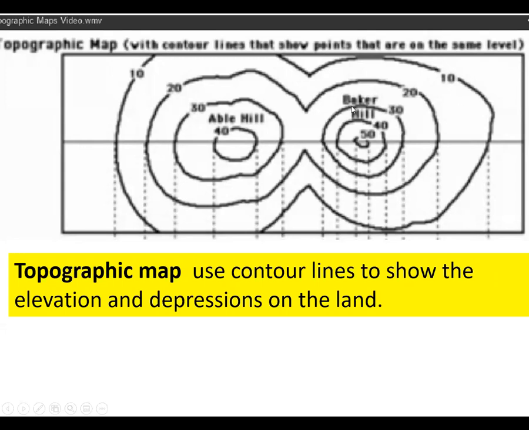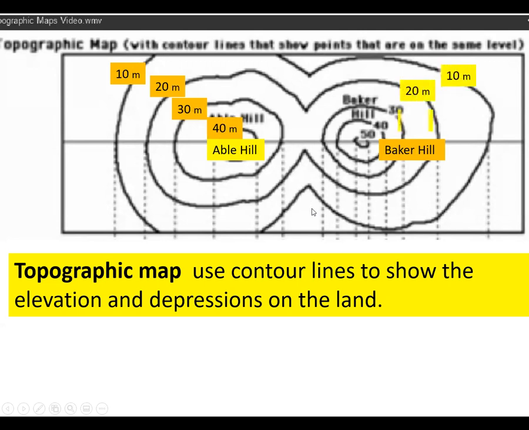If you said Baker Hill, you are right because this is 50 and this is only 40. Okay? So Baker Hill has a higher elevation than Able Hill. And the contour interval is 10 meters because succeeding contour lines increased by 10.